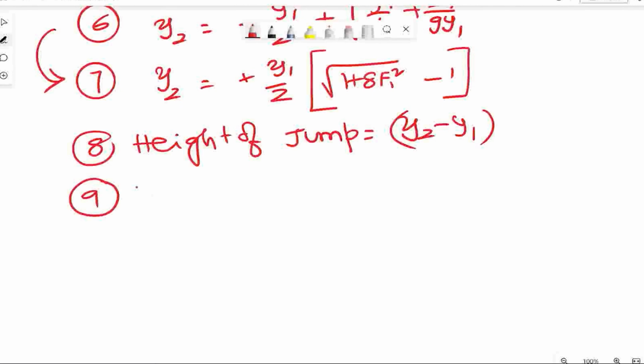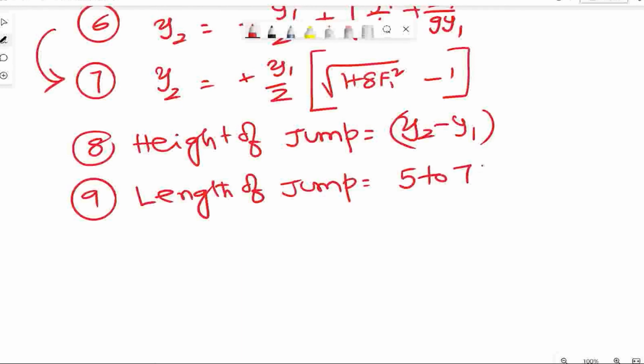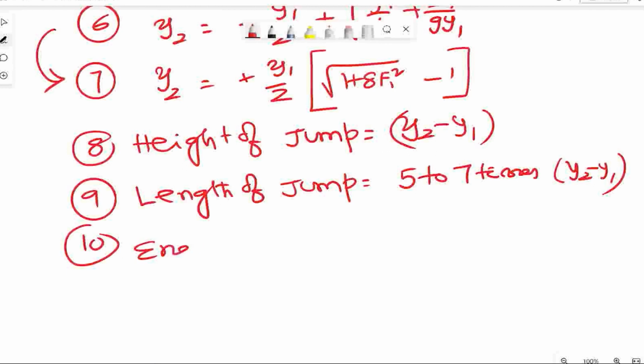Then what is the length of jump? 5 to 7 times (y2 minus y1). Then last, what is the energy loss or head loss?